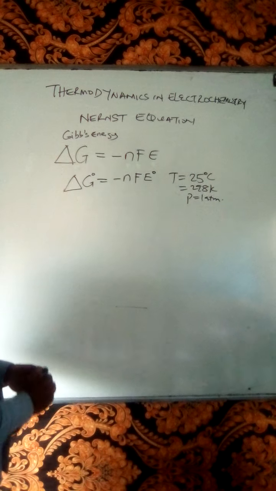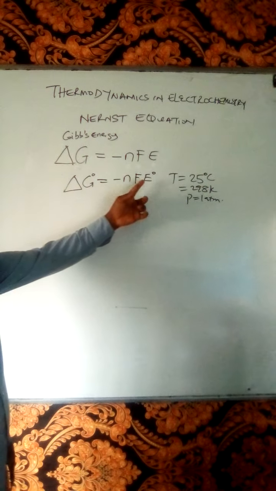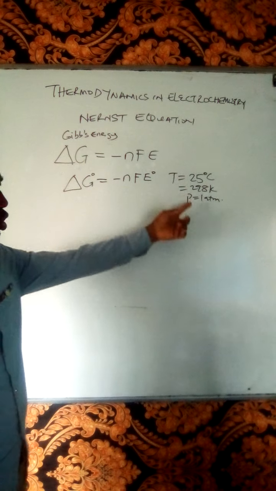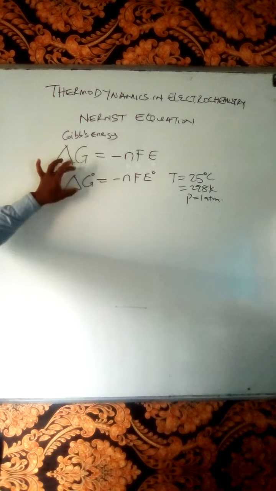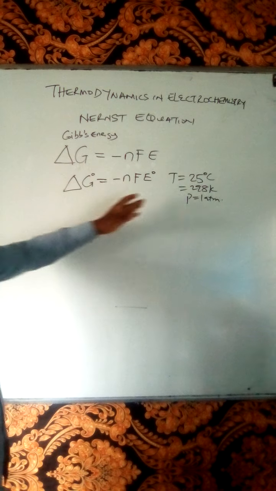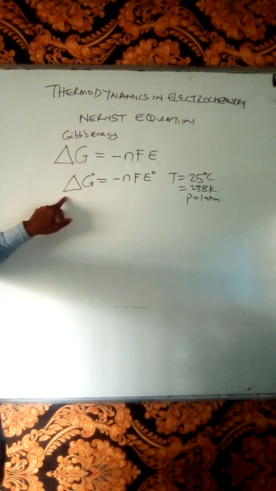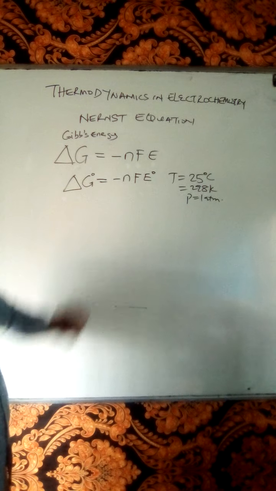So when we measure the change in Gibbs energy at this condition, we have the standard change in Gibbs energy and the standard cell potential.